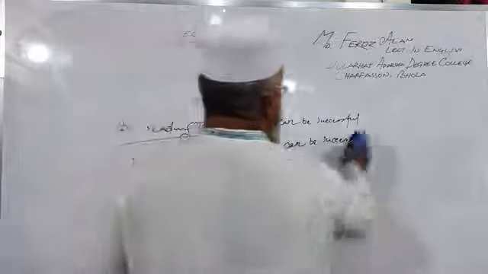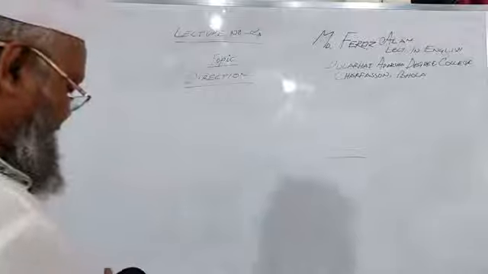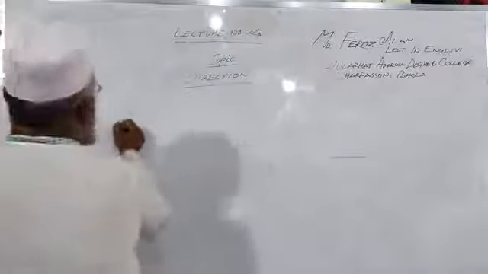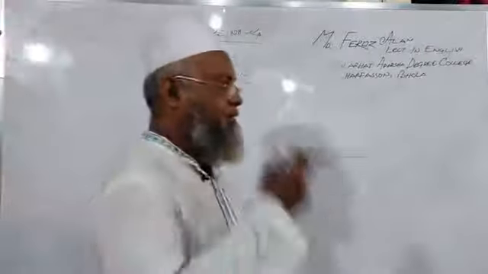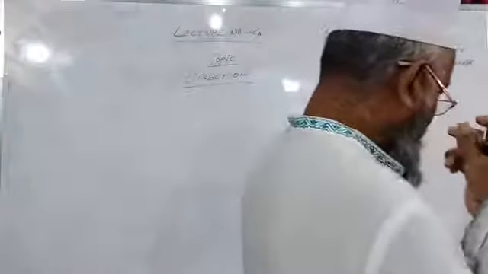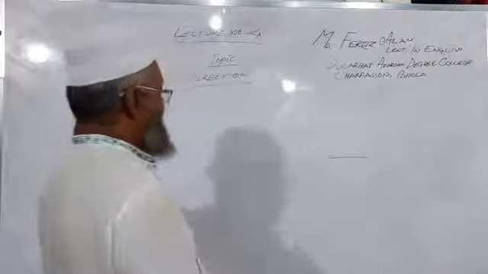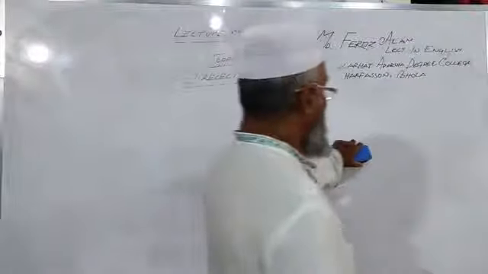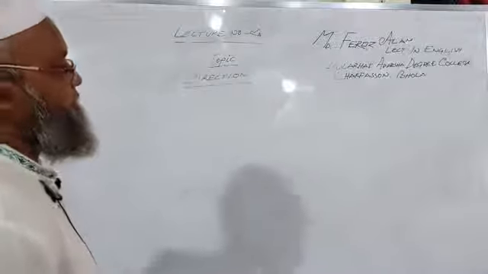Another important construction we find is without-gerund. This is another important construction. When you are in without-gerund, at that time you can make a complex by the help of conditional sentence if and negative sentence.